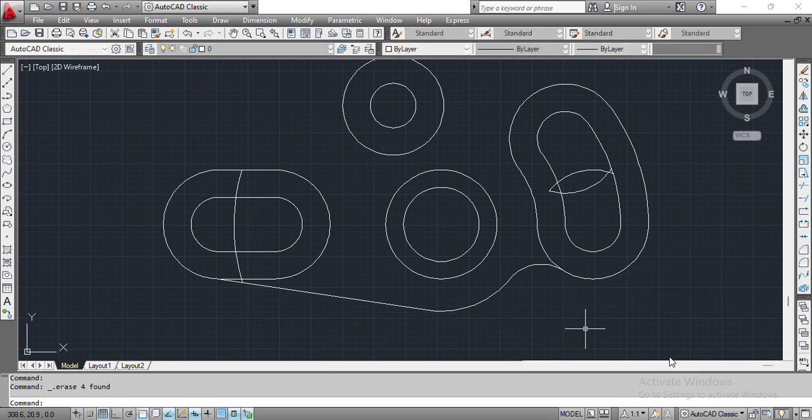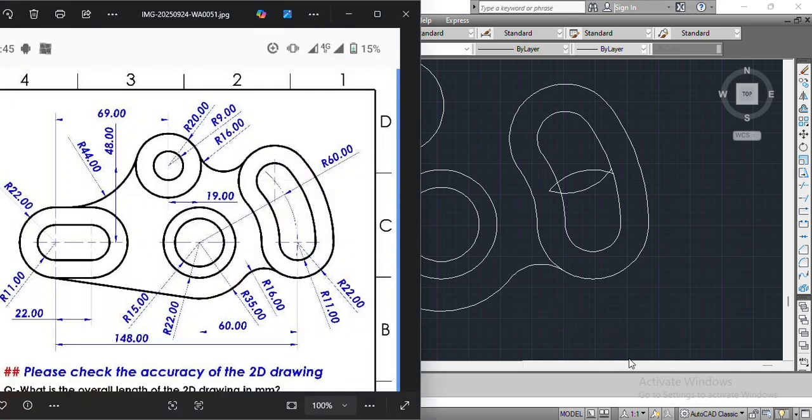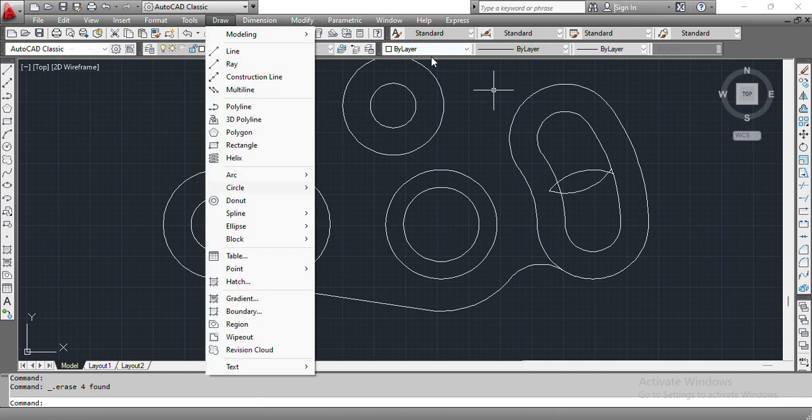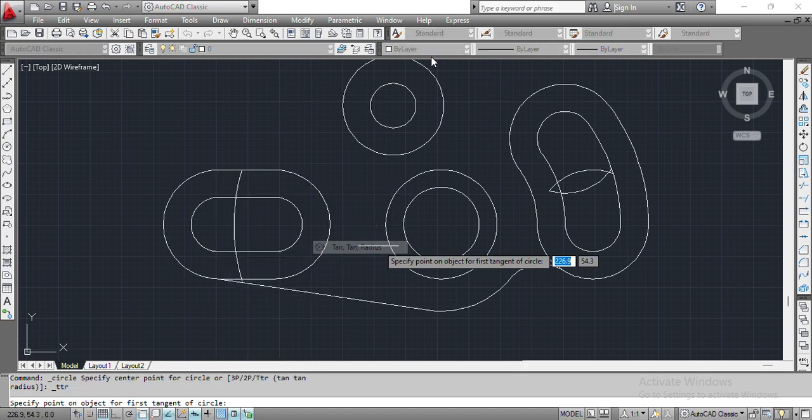And delete the remaining parts. After deleting the remaining parts, now we can join R16 and R44 using draw, circle, and tan radius.